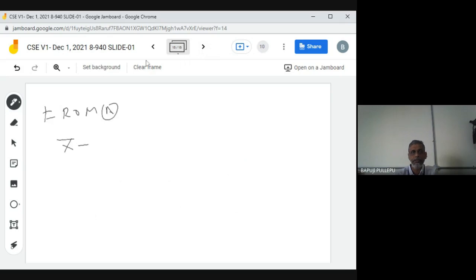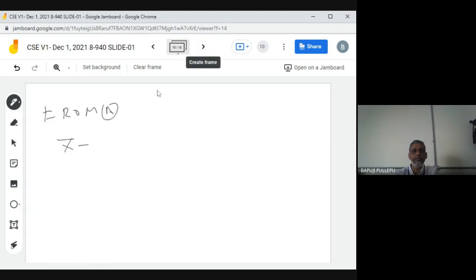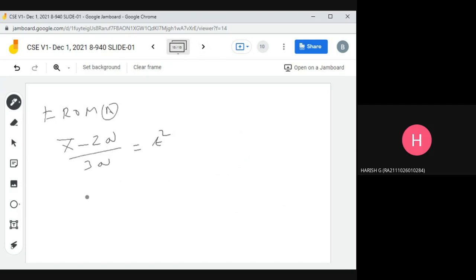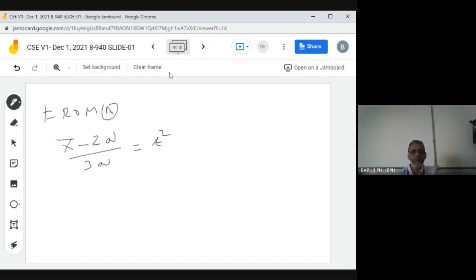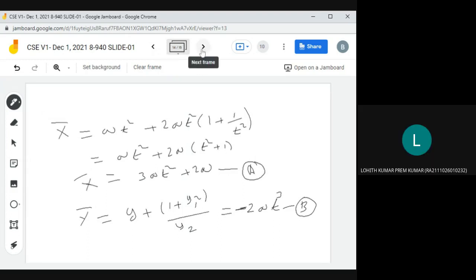X bar minus 2a by 3a is equal to t squared. Then the next value is what? Y by 2a is equal to t cube, minus t cube.